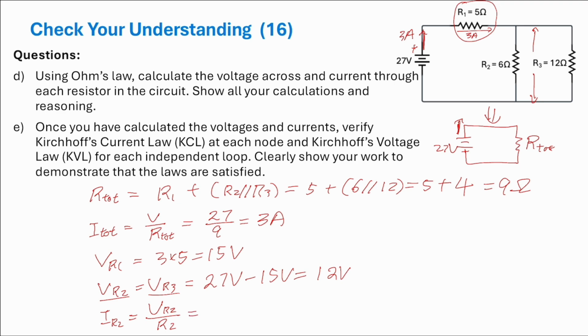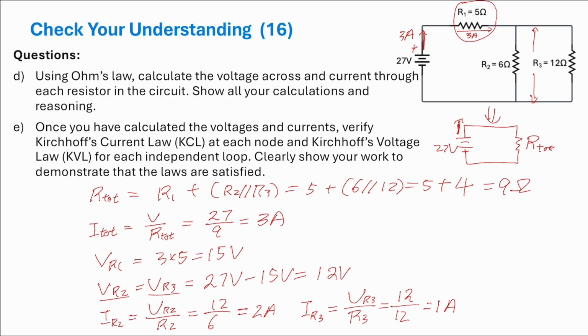And this is 12 over 6, and this is 2 ampere. The current passing through R3 is VR3 over R3, the same 12, but the resistance is 12, so this is 1 ampere.